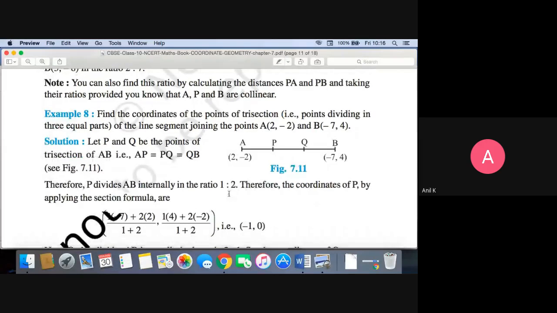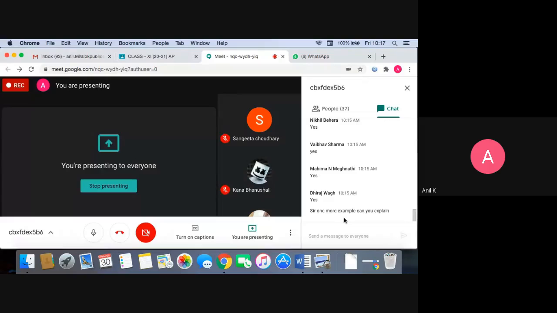Now, next question, this next example we'll see. Find the coordinates of the points of trisection. Anyone knows what you mean by trisection? Of the line segment joining the points 2, minus 7, 4. One more example, can you explain? Yeah.